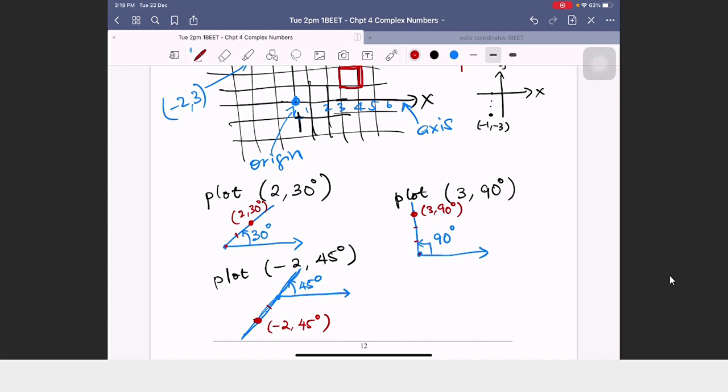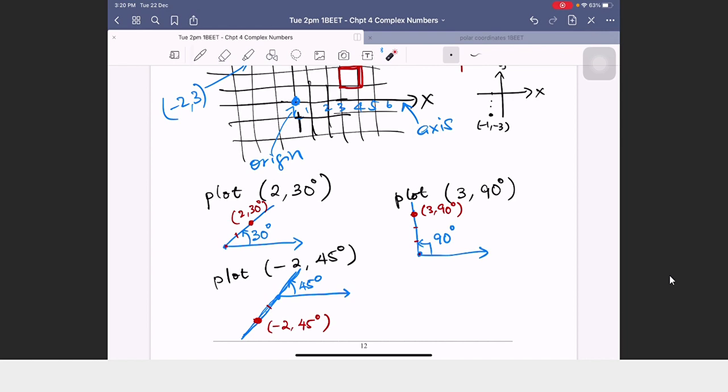And mind you, this is not the only coordinate for this particular location. You can also have another coordinate which is similar. If you go this way, you get another coordinate representing this location. This is just for your information.